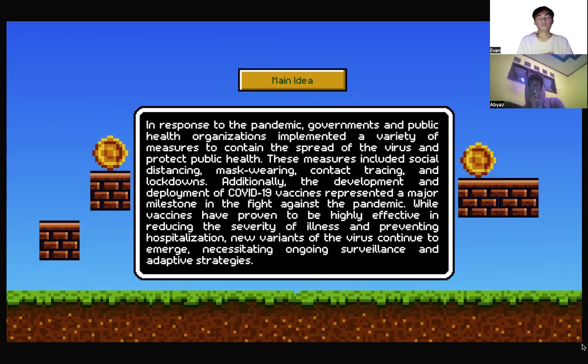Additionally, the development and deployment of COVID-19 vaccines represented a major milestone in the fight against the pandemic. While vaccines have proven to be highly effective in reducing the severity of illness and preventing hospitalization, new variants of the virus continue to emerge, necessitating ongoing surveillance and adaptive strategies.